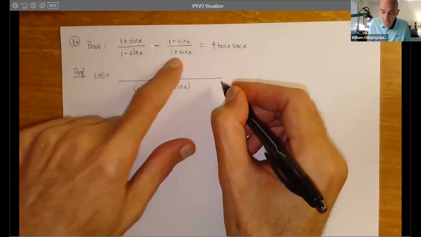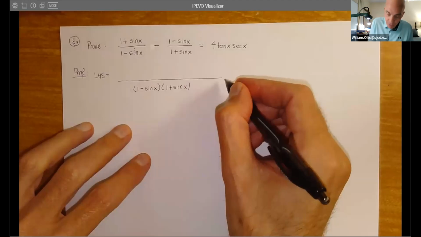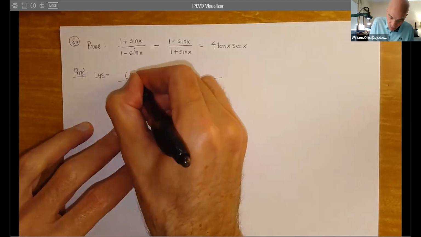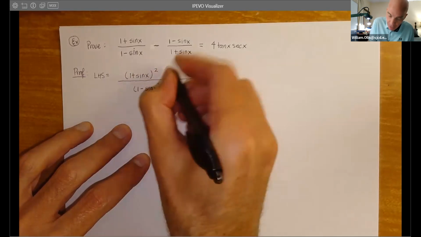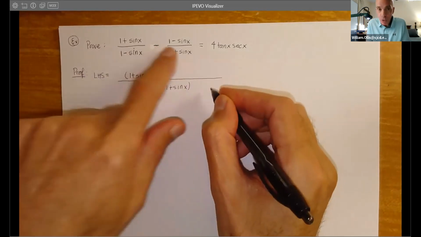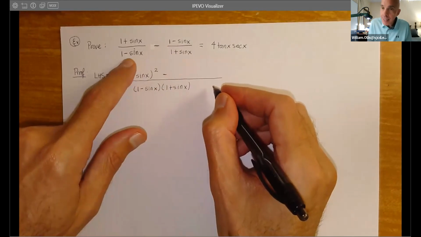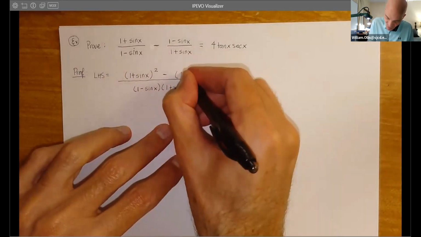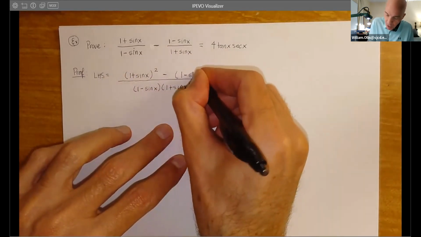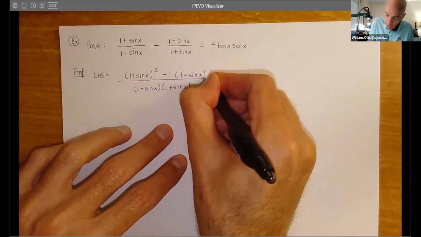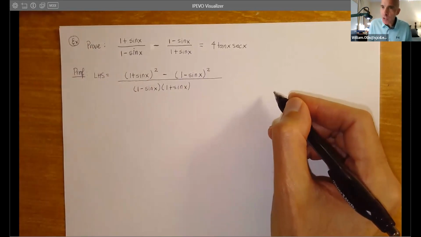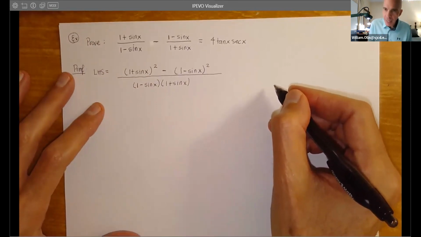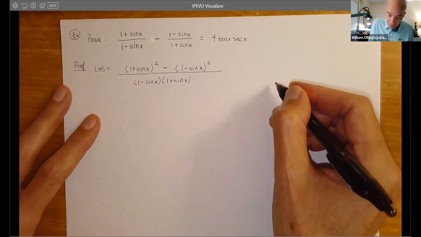Now here, we're going to have 1 plus sine x times 1 plus sine x, so that's 1 plus sine x quantity squared. Here we're subtracting, and we're multiplying 1 minus sine x times 1 minus sine x. So very simple. That's why we did all the stuff with Heron's formula and the law of cosines, to get you back into the routine of doing algebra. And it hopefully is helping.